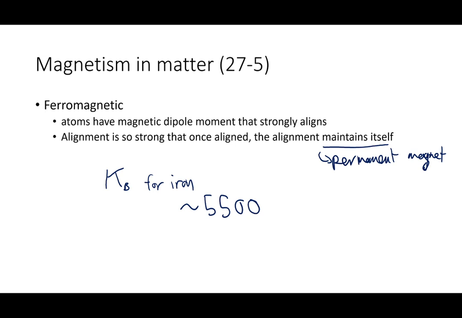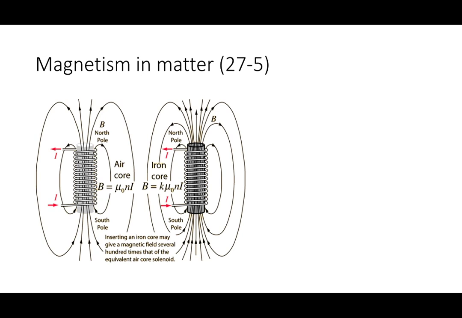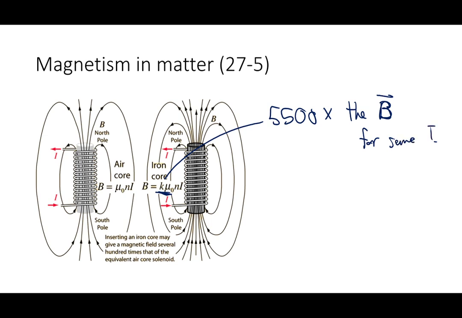What this means is, since we're going to replace mu naught with kappa mu naught, if we make a solenoid and, instead of having it in thin air, put a solid core of iron in it, we're getting basically 5,500 times the magnetic field for the same current.